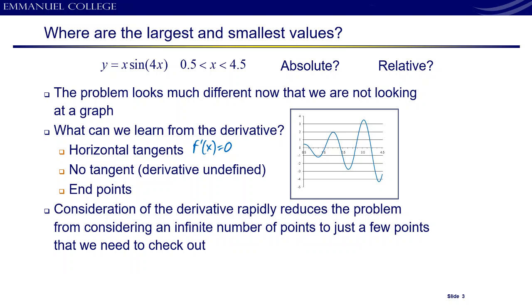So for this function, if we took the derivative, we would get the first times the derivative of the second, which would be 4 cosine of 4x, plus the second times the derivative of the first, and then you would set that equal to 0.